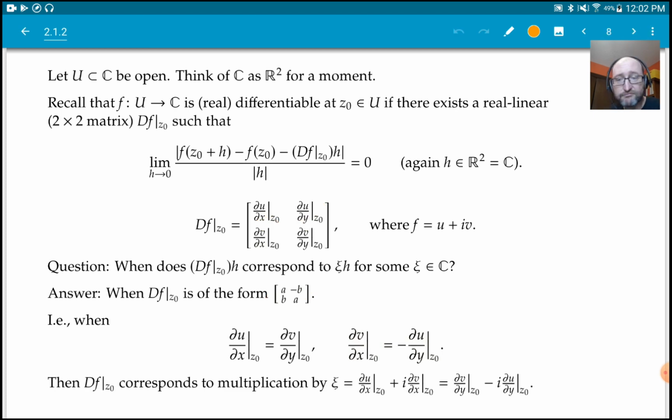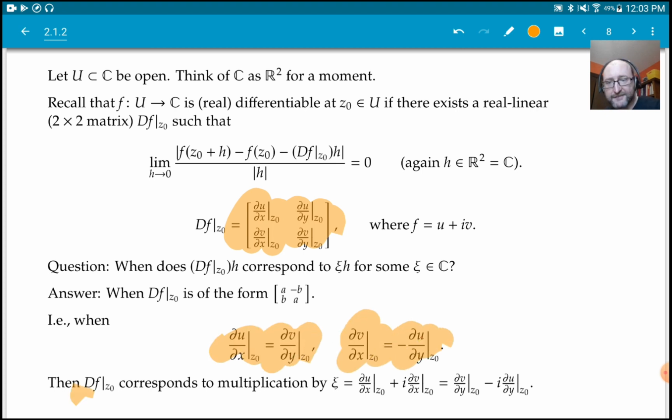Now, if the function is real differentiable, so it has this matrix, and we get these equations, then this matrix corresponds to multiplication by a number, which is the a plus ib, which you can actually read off from these partial derivatives, right?